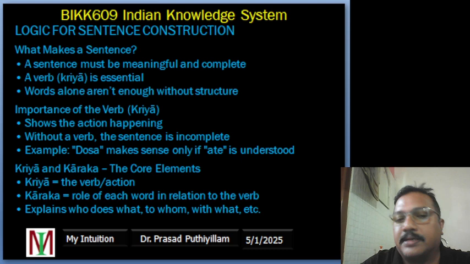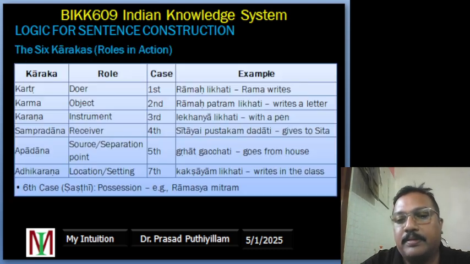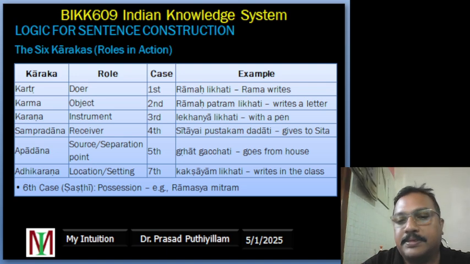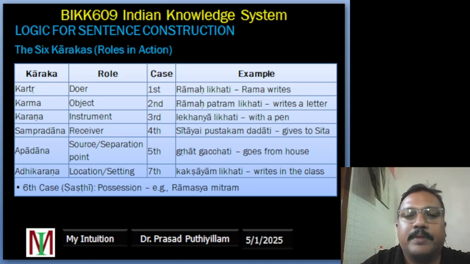So the karakas make a table. The six karakas: kartra, karma, karana, sampradana, apadana, adhikarana, and shashthi. These we can just note down; I'm not going into detail.